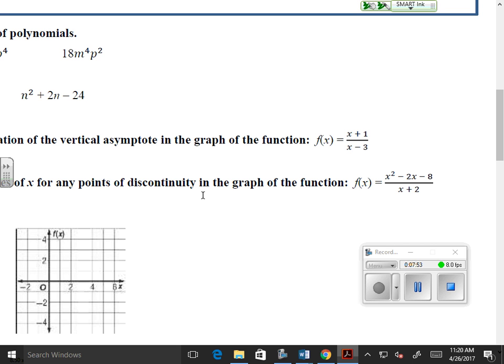Since the numerator factors into x minus 4 times x plus 2, the x plus 2's would end up canceling each other out when we reduce. x equal to negative 2 would cause the denominator to be undefined, and it also causes the numerator to be 0. So that would make it a point of discontinuity.